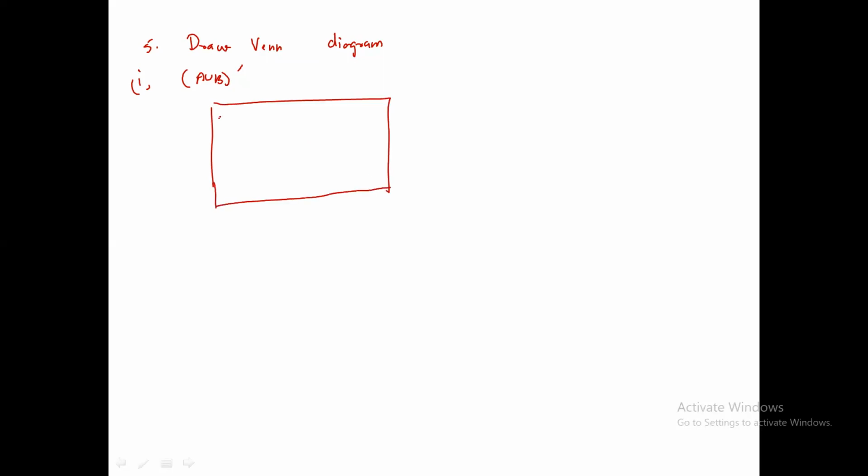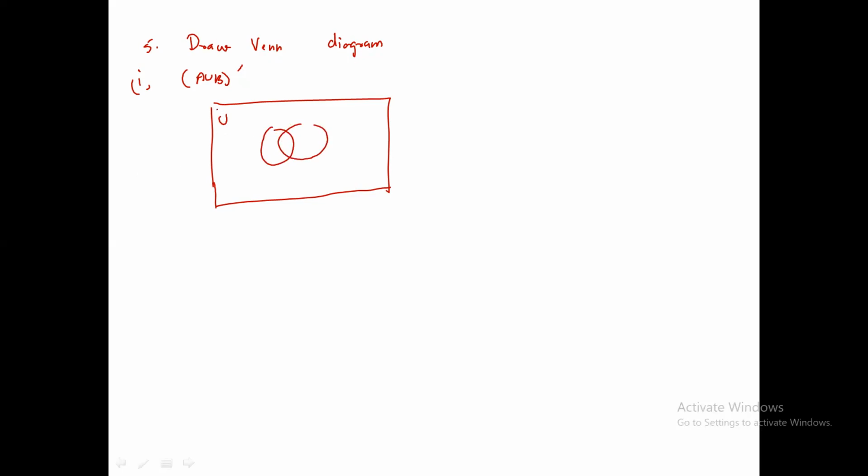Let's go to question number 5. Drawing Venn diagram. First one, you have to draw A union B whole dash. So take the union box, draw A union B. A union B is this.